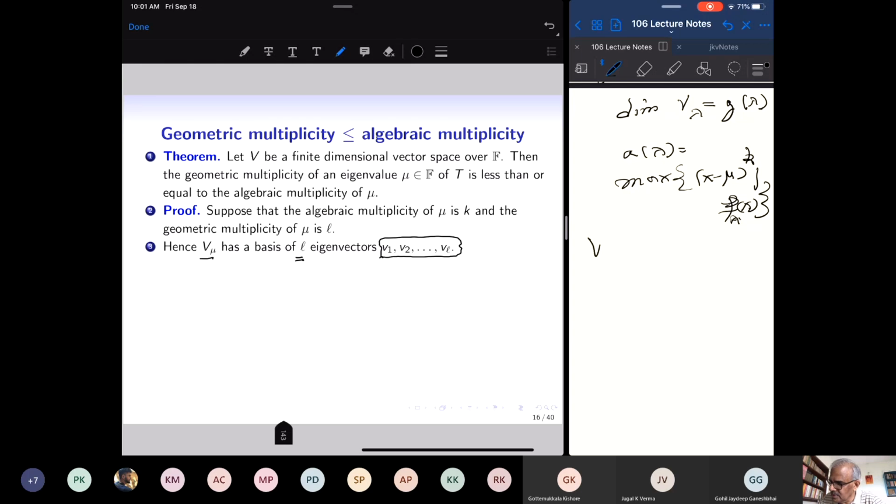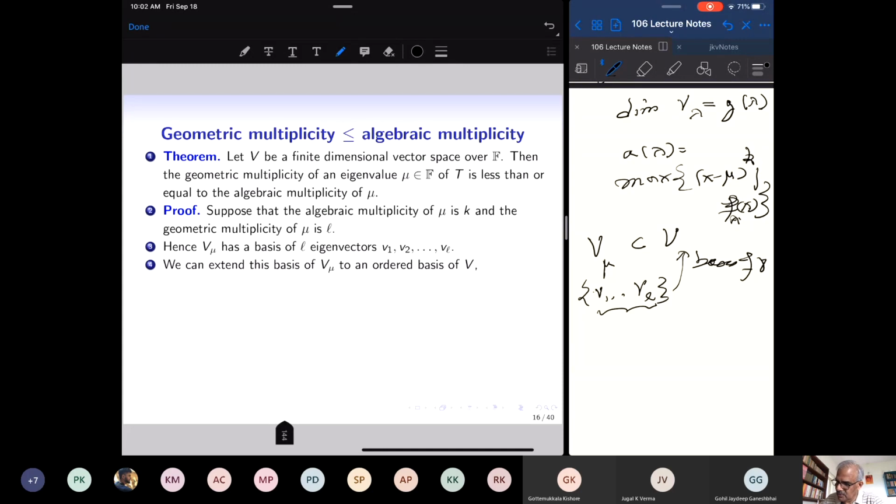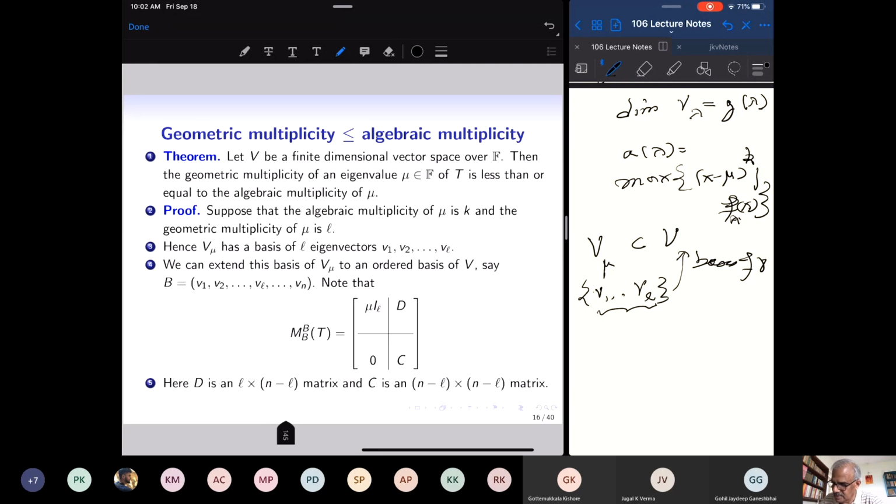But V mu is actually a subspace of V, and I have a basis of this subspace, V1 up to VL, and we have proved that any set of linearly independent vectors can be enlarged to a basis of V. I can enlarge this to a basis of V. So we can extend the basis of the eigenspace to an ordered basis of V, and so by adding n minus L vectors, I can form a basis of the whole space.